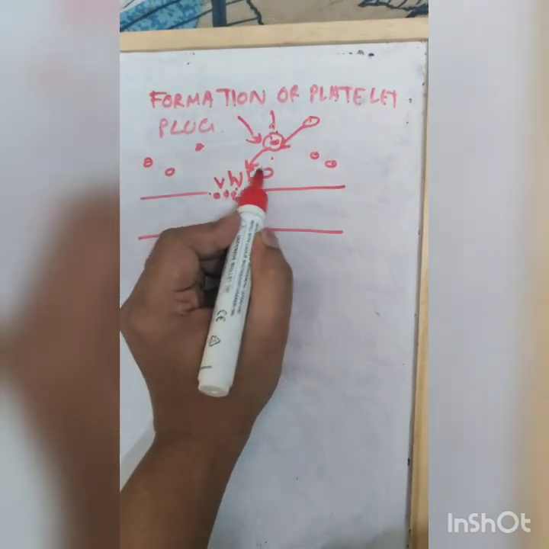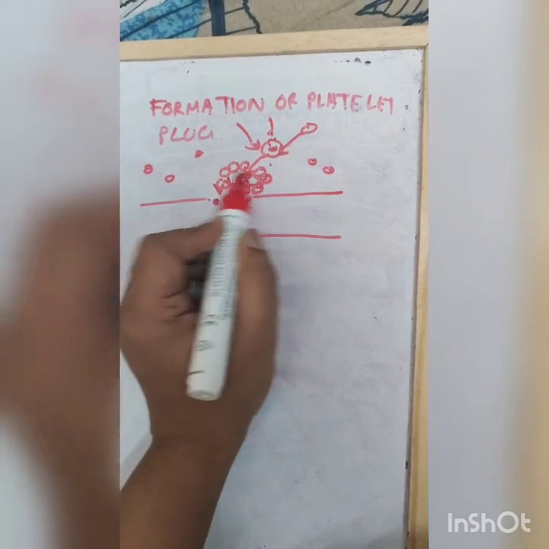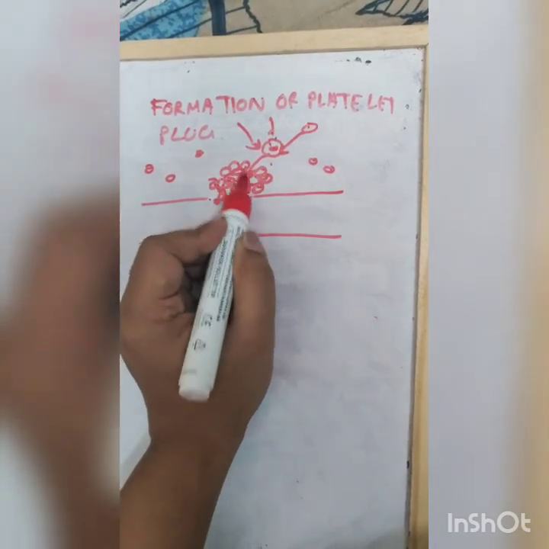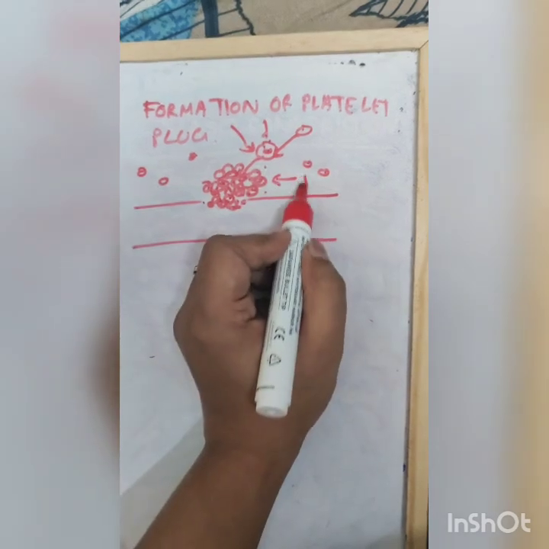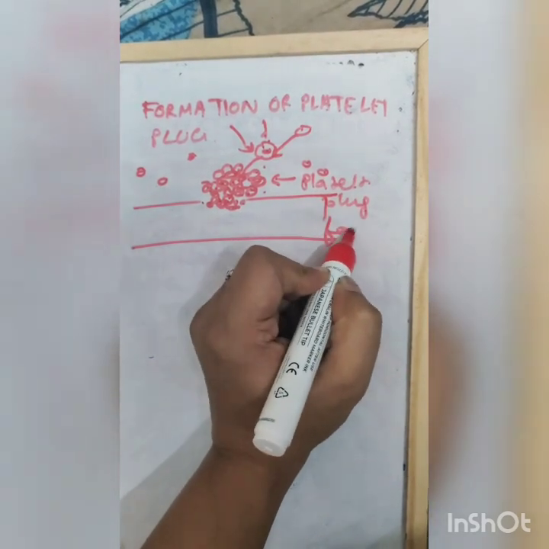So this way there is platelet aggregation. And finally, it forms a plug. This is known as platelet plug formation.